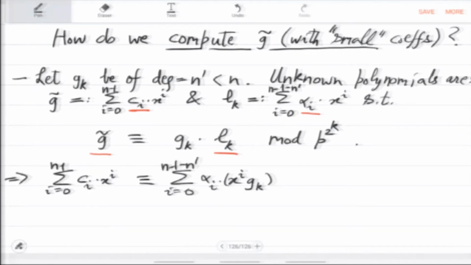Right, so this is what it is, but I want to remove the modulus. For some reason I want to make it exact. So then I have to introduce multiples of prime power. So let's do that: plus sigma beta i times p raised to 2 raised to k x raised to i. Okay, so let's call this equation 2.